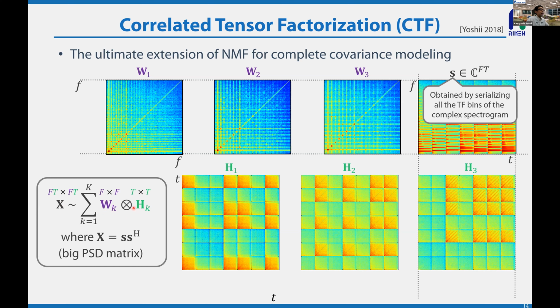So this is the FT by FT huge matrix. Using this multivariate complex Gaussian distribution, we can get an FT-dimensional complex vector, obtained by serializing all the time-frequency bins of the complex spectrum. And this is the likelihood function.